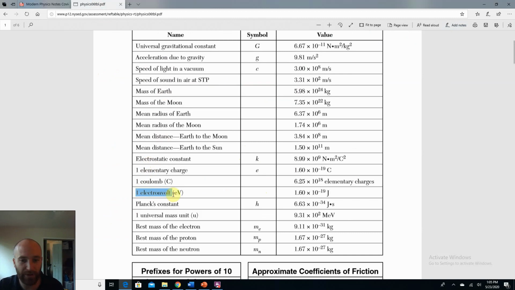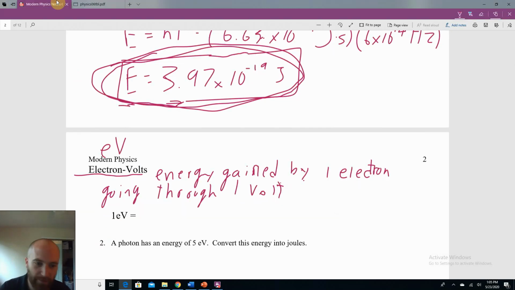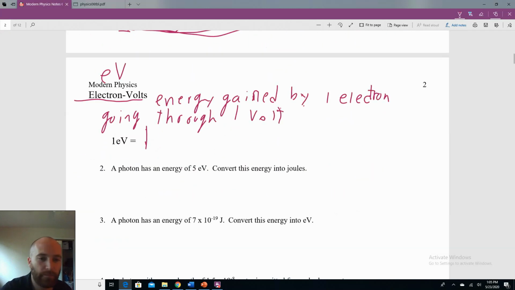Here it is. 1 electron volt is equal to 1.6 times 10 to the negative 19 joules. So that number's popping back up again from our electricity unit. So you're not going to get away from those conversions that we did.